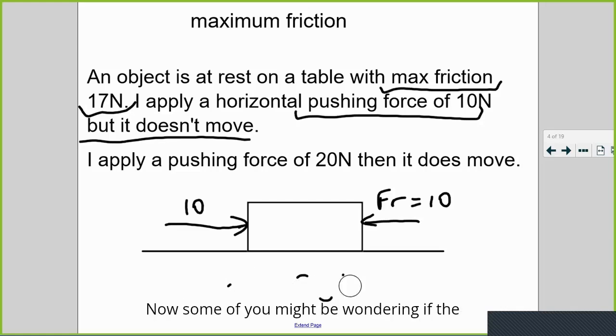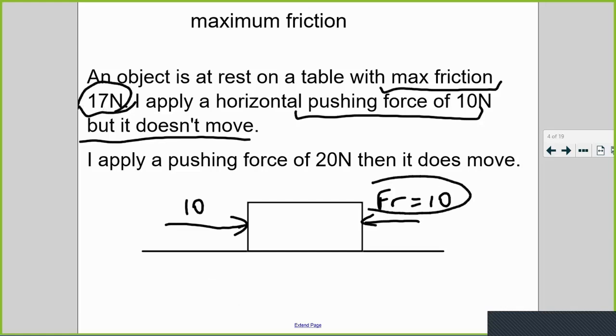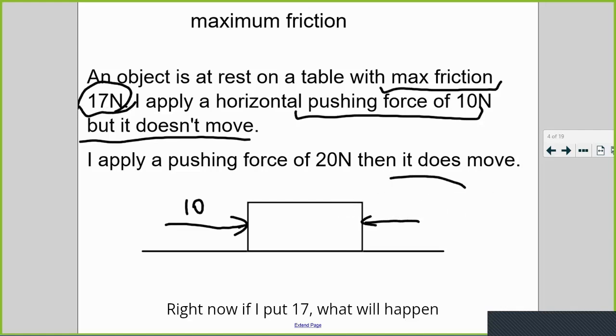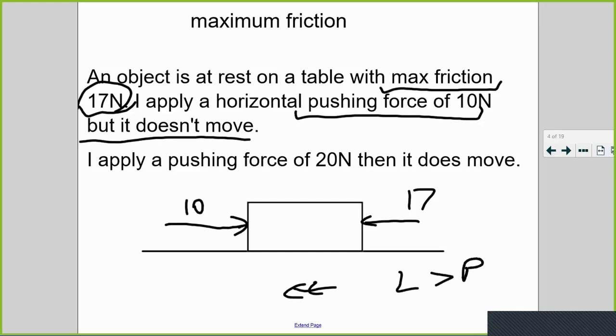Now, some of you might be wondering, if the maximum friction is 17, why have I put 10 here? If I put 17, what will happen is the object will move to the left, because there's a left force of 17, which is greater than the right force.